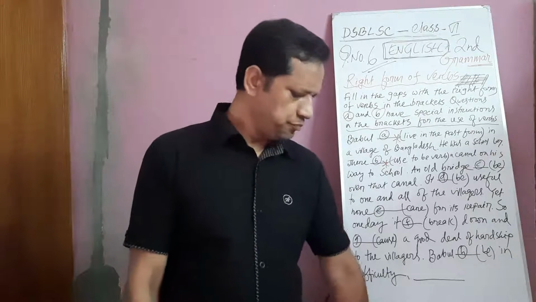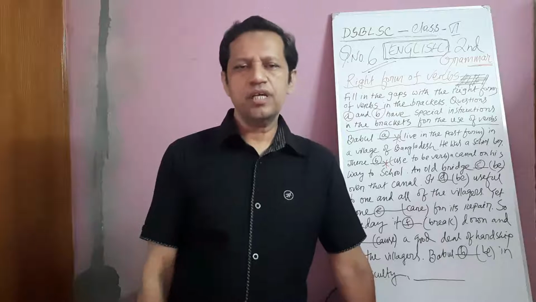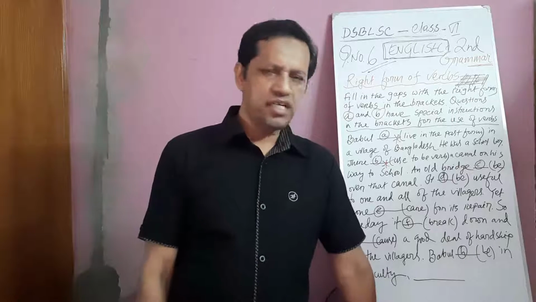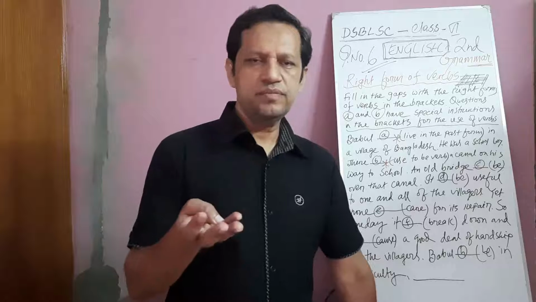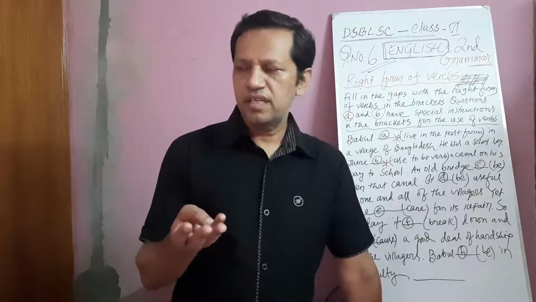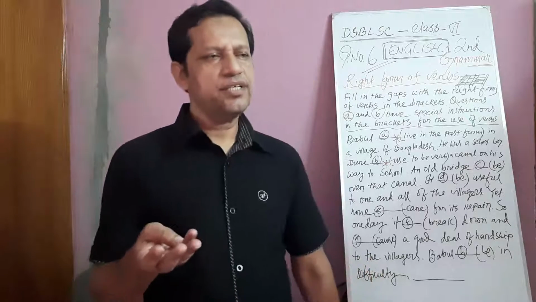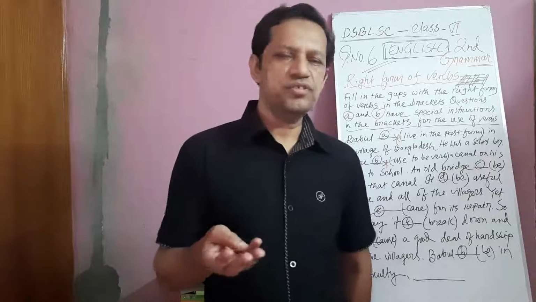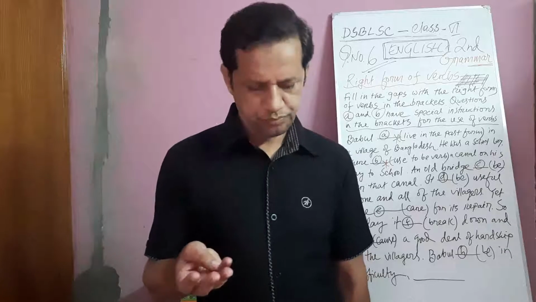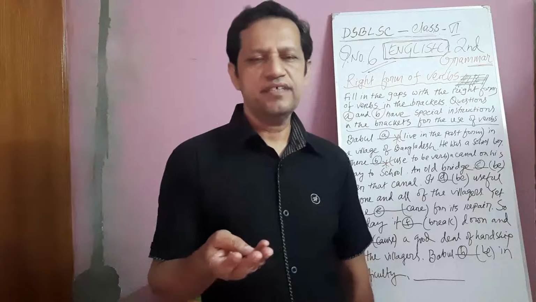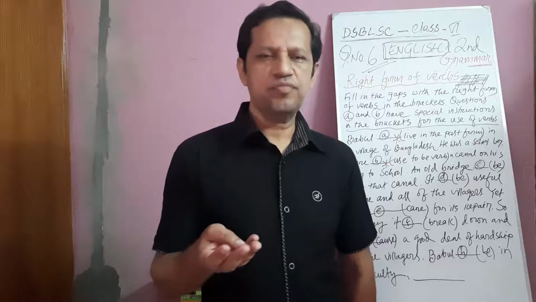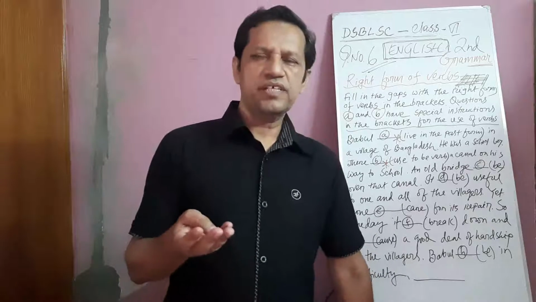In our coming second online evaluation, there are 2 topics of grammar: right form of verbs and also substitution table. Dear students, if you are given a substitution table, then you have to make only 4 or 5 sentences. I think it will be very easy for making sentences.